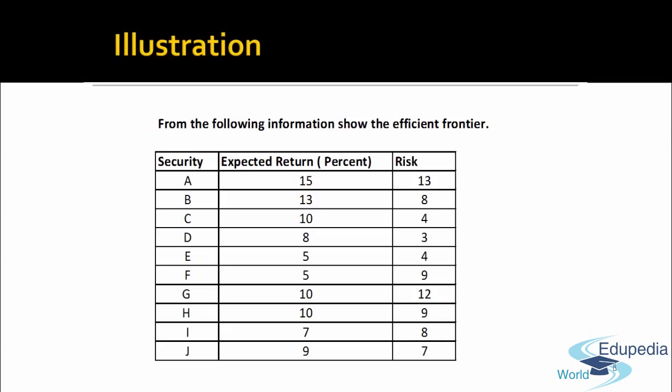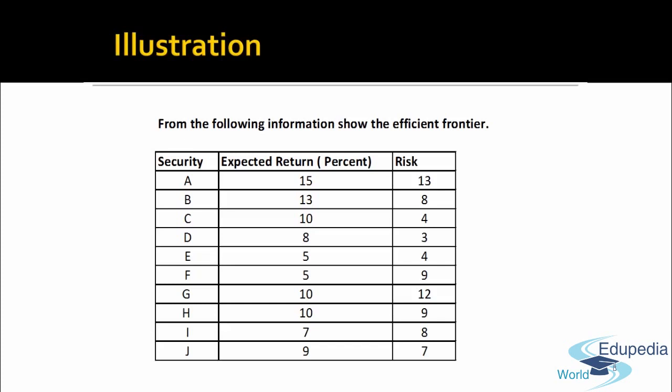So you see that security C, security G, and security H all are providing an expected return of 10%. But at the same level of return, the risk is 4% for security C, 12% for security G, and 9% for security H. As per Markowitz's work, at the same level of expected return, a lower risk will be acceptable.